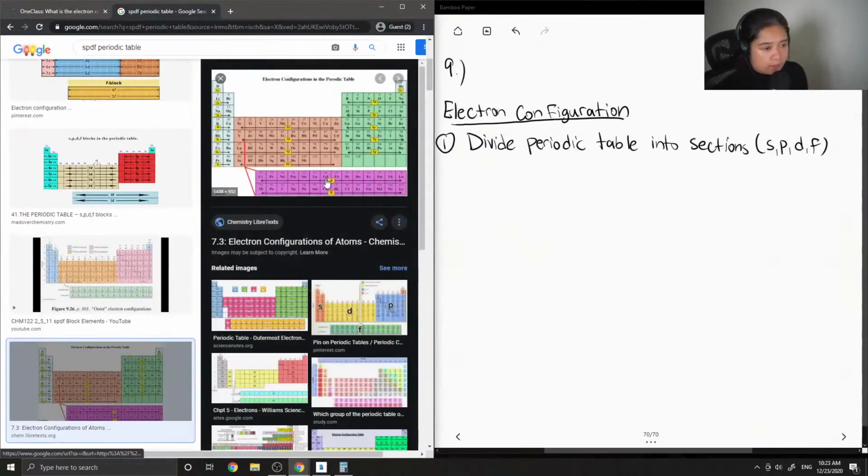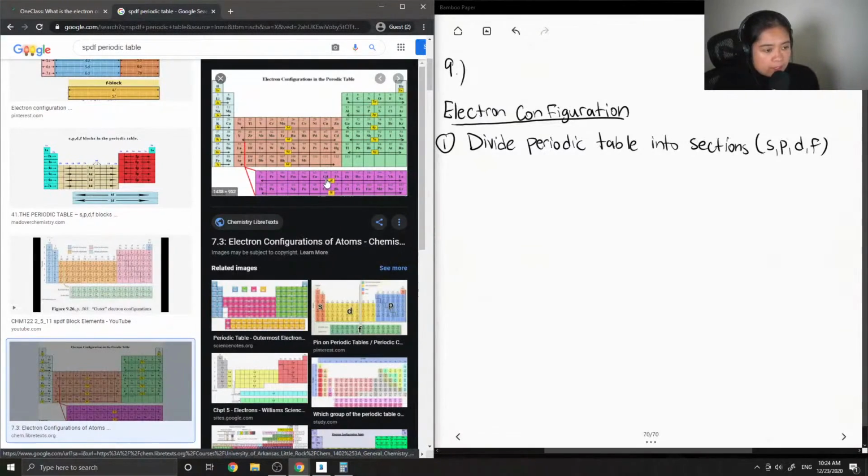But most of the time you're given a periodic table during an exam, so you want to make sure you know how to divide the periodic table into these sections. The S block is the first 2 columns plus helium. It is shown in light blue.